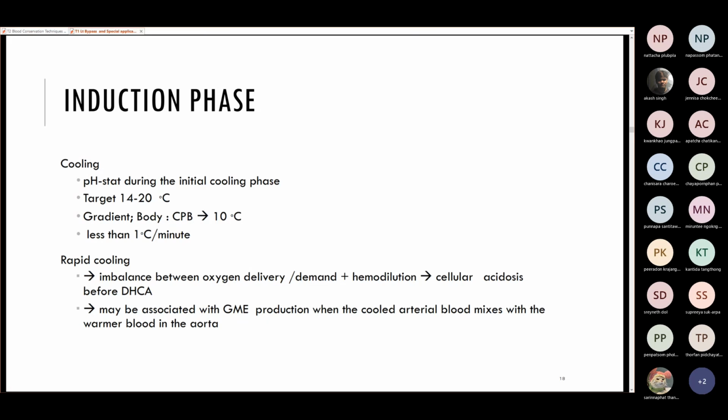So when we cool down, imagine that when we cool down the patients, the PCO2 from the blood gas, if you put a temperature parameter in the blood gas machines, it's gonna report that PCO2 gonna drop down.